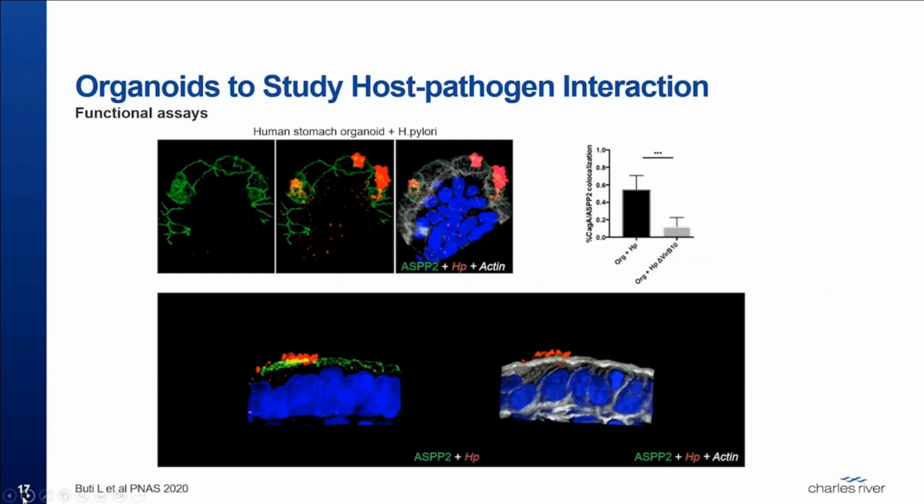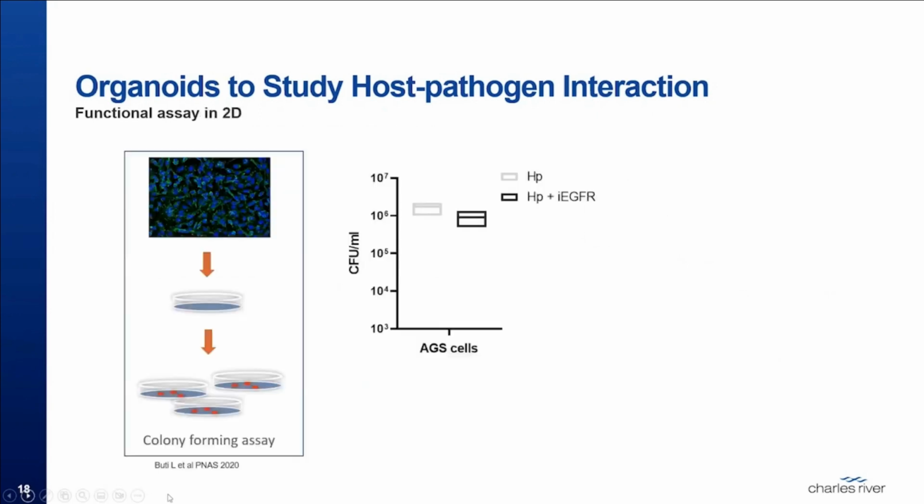So here comes the validation of the screening. And to do this, we did what is normally done in the field, a colony-forming assay, that is basically to assess the viability of the bacterium that infects the host, and basically you lyse the cell and the bacterium and plate in serial dilution the bacterium to see the colonies that are still able to form.